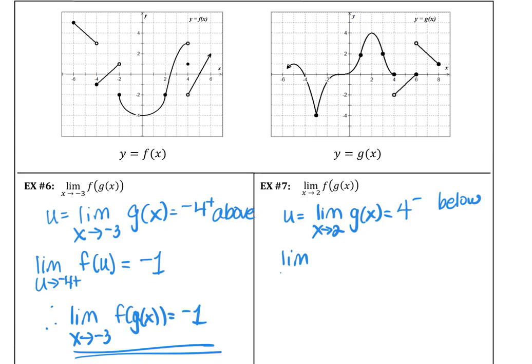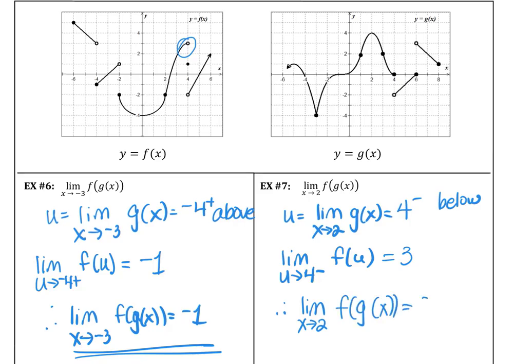So the limit as our u value approaches 4 from the left of f of u, and looking at the f function on the left, as we approach 4 from the left, our y value is approaching 3. Therefore, our limit as x approaches 2 of f of g of x is 3. So our composition has a limit.